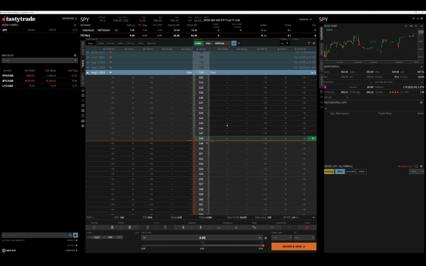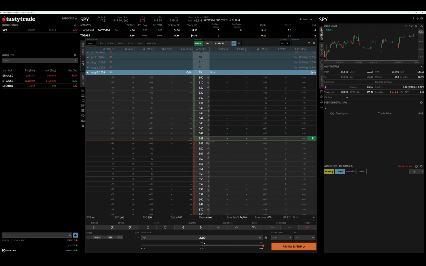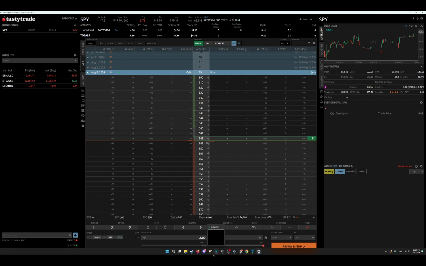But say if it goes down and I have the right to sell 100 shares at 548, then I immediately get the ability, if I execute it, to buy the 100 shares at the lower value, say 545, and then execute the contract by selling to the seller at 548 per share for 100 shares. And if I bought it and it said two, just to keep consistent, that's actually $200 that I would be paying for buying that put contract.